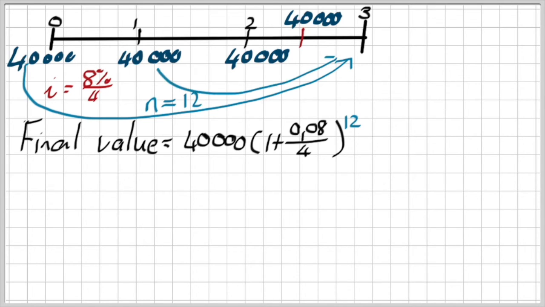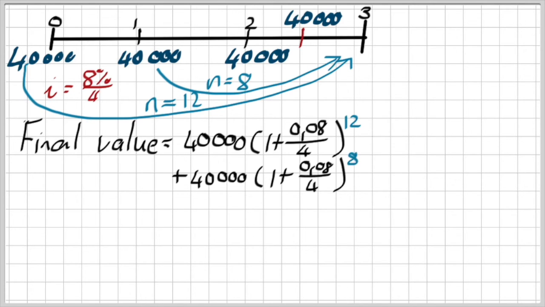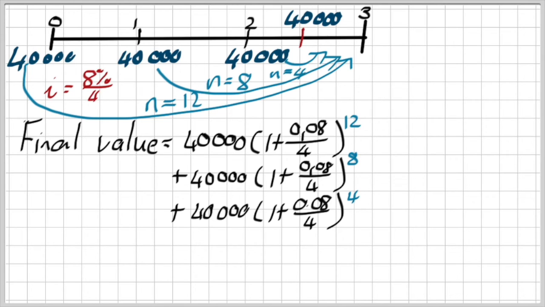Then the next 40,000 Rand is going to be for 2 years. So in other words, for 8 quarters. The third 40,000 Rand is going to run at an interest rate of 8% compounded quarterly for 1 year. So that's going to be 4 quarters.